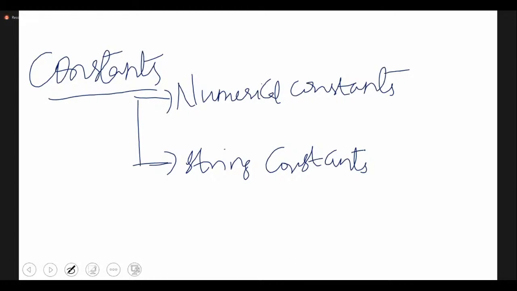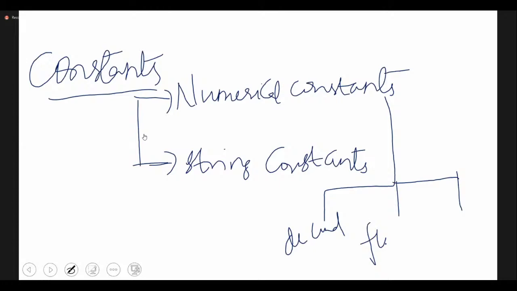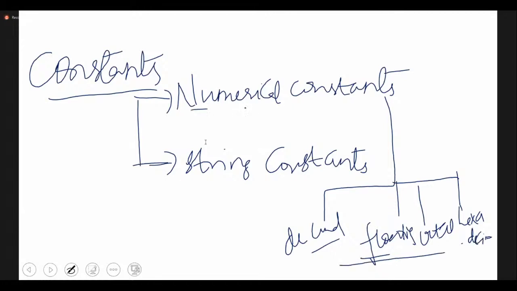What are numerical constants? Numerical constants are further classified into different types like decimal numbers and floating point numbers. You can have decimal constants, floating point constants, octal constants, and hexadecimal constants. All these come under the category of numerical.